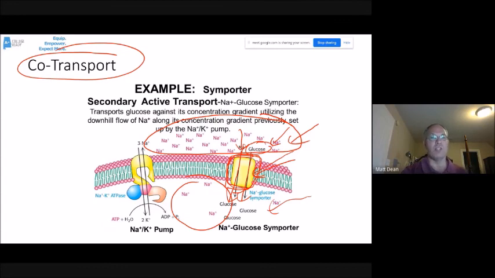A couple of years ago, there was a pretty big question on the AP exam about co-transport. So you should be familiar with it. It's when two substances are transported by the same protein, one with the concentration gradient, one against. And the energy to move the one against the concentration gradient is provided by the kinetic energy of the substances moving with the gradient.